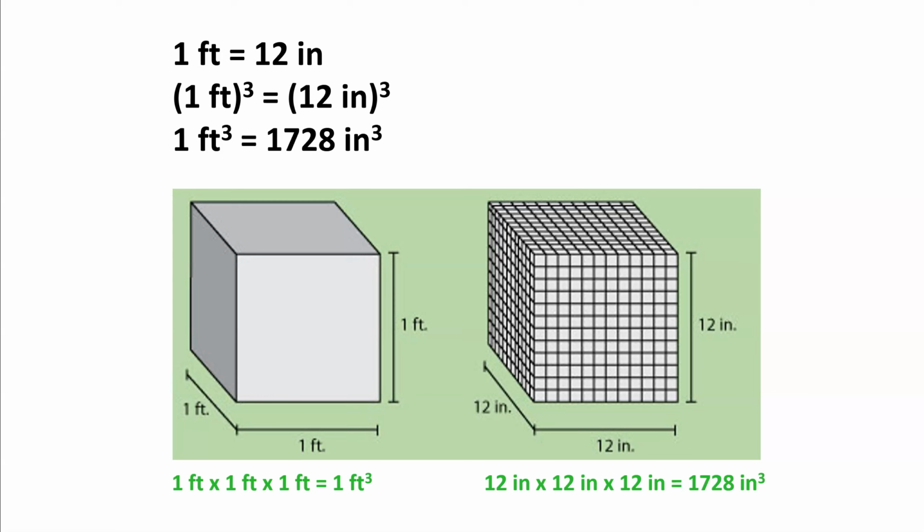So when you think about that and visualize it, you can see that just because 1 foot equals 12 inches, it does not mean that 1 cubic foot only contains 12 cubic inches. It's going to contain 12 times 12 times 12 cubic inches.